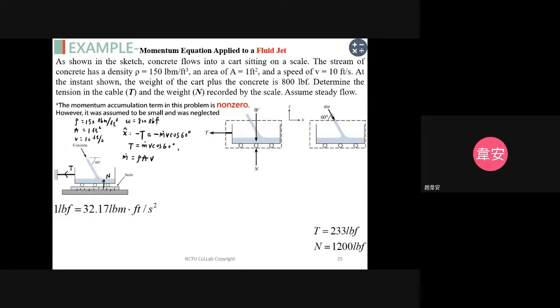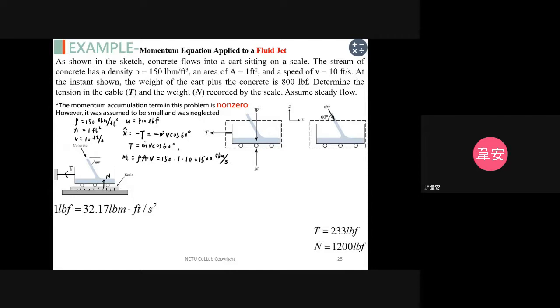We have the density 150, the cross-section area 1 square foot, and the flow velocity is 10 feet per second. So it is equal to 1500 pound mass per second.